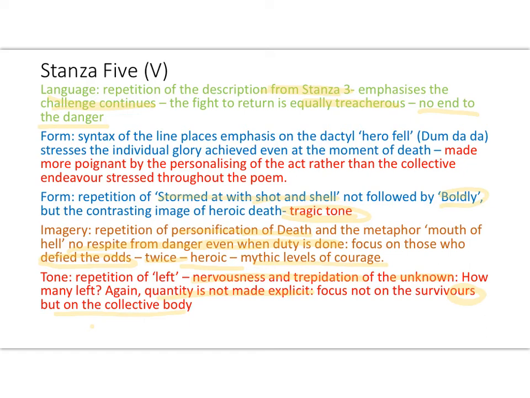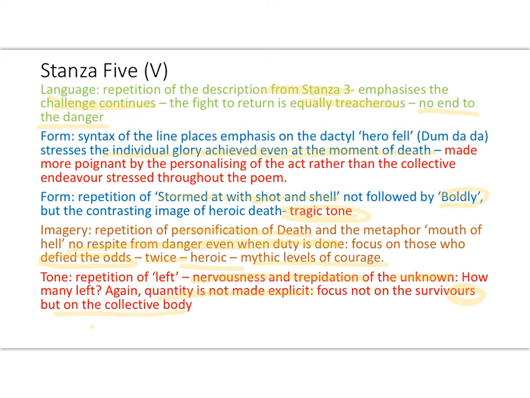In terms of form, you've got the syntax of the line really emphasizing that the hero fell, horse and hero fell, and it suggests really a stress placed on the glory achieved at the moment of death. So the horse and hero fell, these two brave souls operating as one have achieved this individual glory at the moment of death.